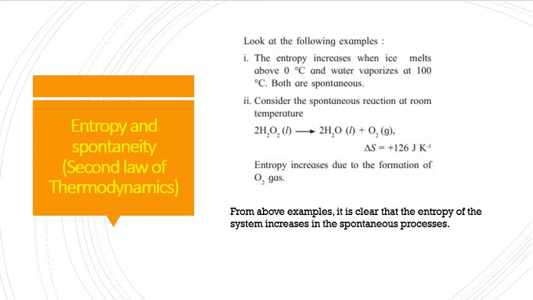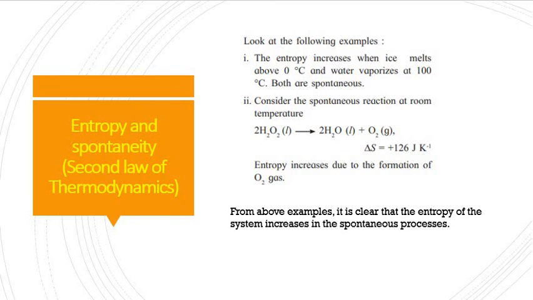Both are spontaneous processes. Another spontaneous reaction is the decomposition of hydrogen peroxide into water and oxygen gas. Entropy increases due to the formation of gaseous oxygen, because the randomness is increasing. That is why entropy increases in the decomposition of hydrogen peroxide.